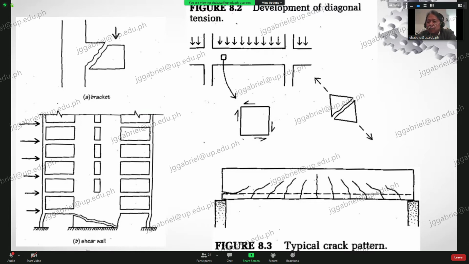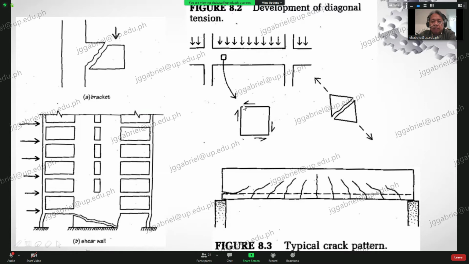Yung flexural stress natin is, in this case, horizontal. Kaya, ang failure niya is vertical. So, if it's horizontal, it tends to tear your section apart, or the vertical cross-section. Na parang inihiwalay niya.